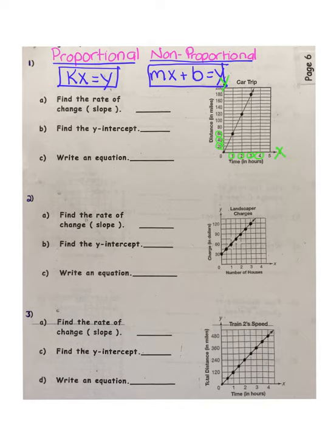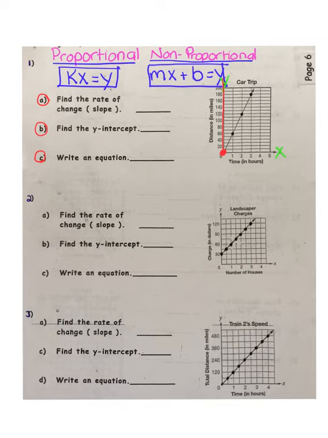Well, let's take a look at problem number 1, part A. It says find the rate of change, also known as the slope, find the y-intercept, and write an equation. Clearly, if we look at our y-axis, we see our intercept is right here at 0, 0.